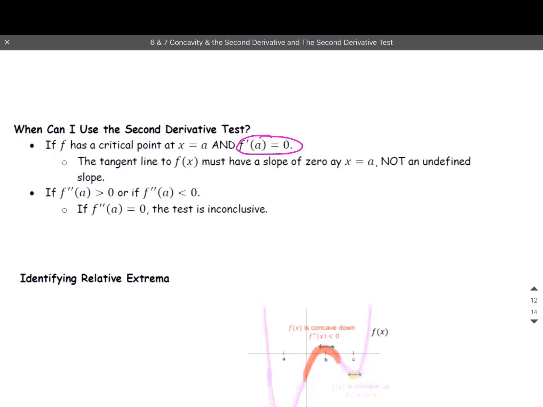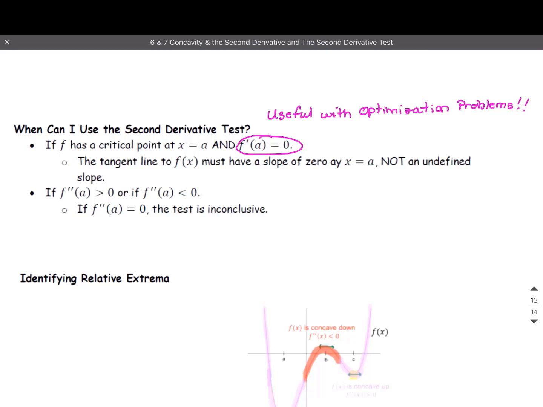This test is really useful with the optimization problems that we're going to be doing in a day or two. Optimization problems are like finding the minimum cost, finding the maximum profit, minimizing the amount of materials we need to use. This test can be really useful in those problems.